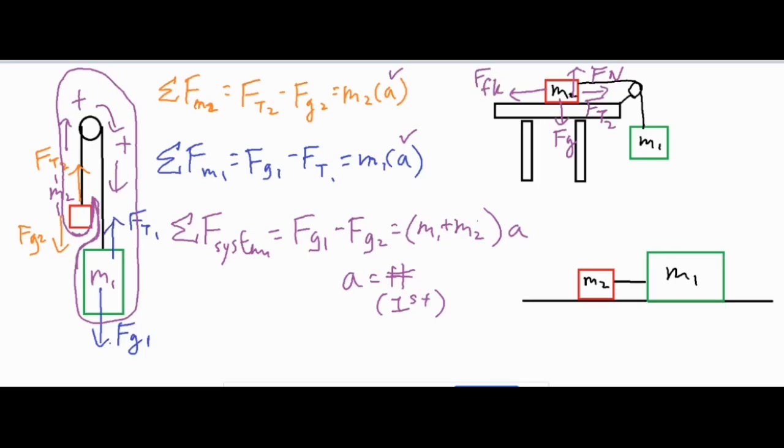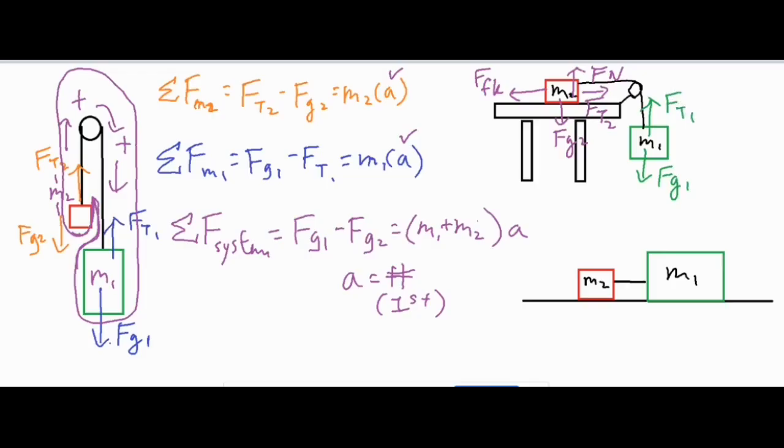We're assuming that it is going to slide, so we have an Ffk. And then for our second one, we have an Fg, call it Fg1, and then this Fg2, since this is mass 2. And then this one has an Ft, and we'll call that Ft1.